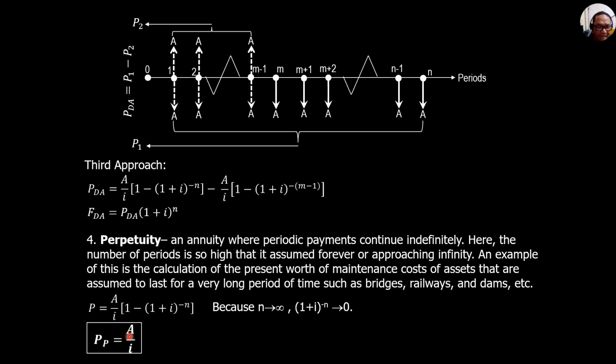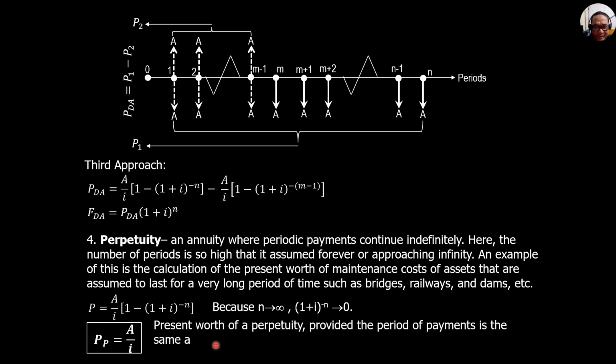And take note that i should match the periodic payments, and the period of money should coincide. So the present worth of a perpetuity is valid provided the period of payments is the same as the period of the calculated rate of interest.